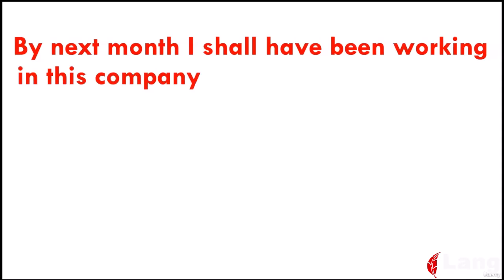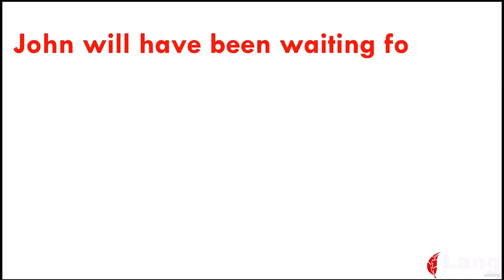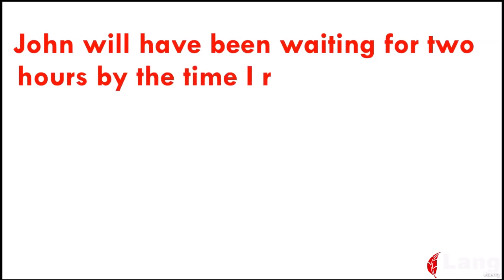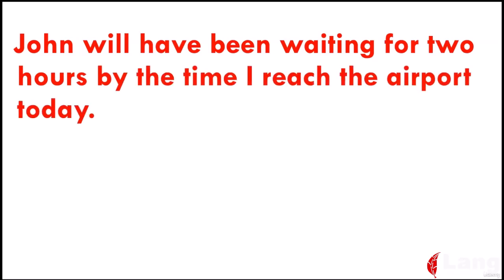By next month, I shall have been working in this company for 2 years. John will have been waiting for 2 hours by the time I reach the airport today.